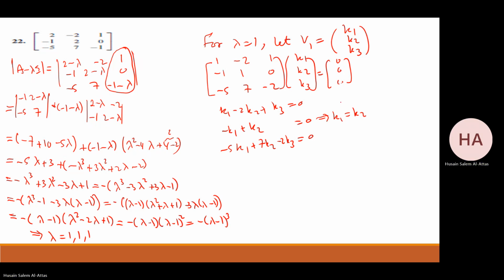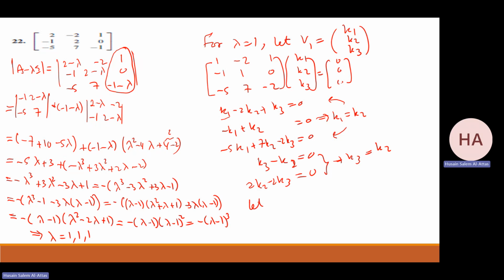Plug it there and there. You have what? K3 minus K1 minus K2 equals, if I plug K1, I have K2 minus 2K2, that will be minus K2. Plug it here, I have minus 5K2 plus 7K2, that will be 2K2 minus 2K3 equals 0. So these two equations, they have K3 equal K2 also.